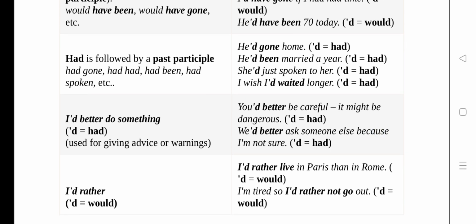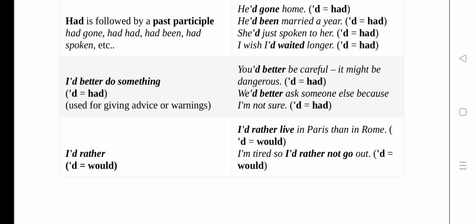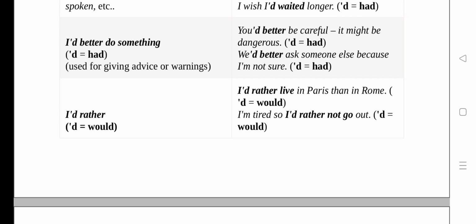Now come to I'd better do something, used for giving advice or warnings. For giving advice or warnings, we also use had. So it is the context of the sentence that shows it is the contraction of had. I would rather live in Paris than in Rome.